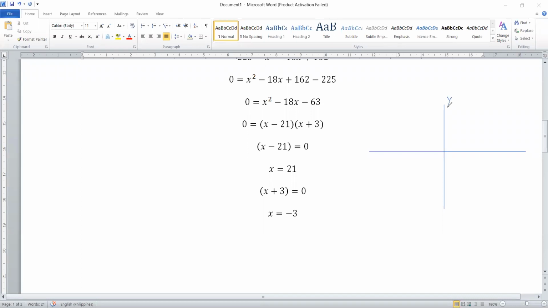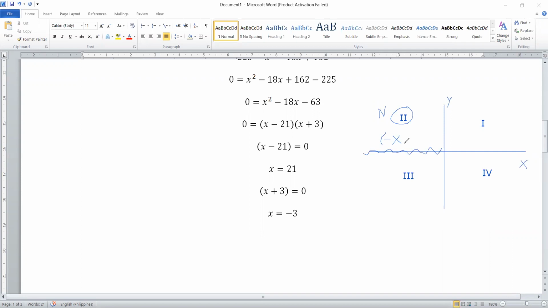And these are my quadrants. So this is my first quadrant, this is my second quadrant, this is my third quadrant, and this is my fourth quadrant. So it says N is in the second quadrant, somewhere here. So your x coordinate should be negative, because the values for x in this quadrant are negative.